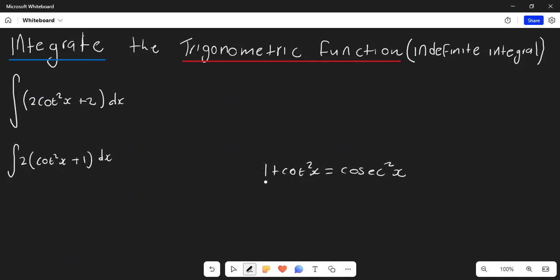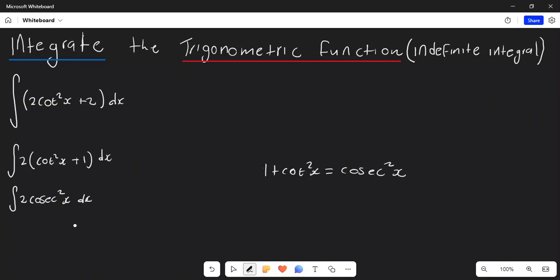So basically we can change this 1 plus cot squared x with cosec squared x. Let's substitute it there. So now we have 2, and wherever there is cot squared x plus 1, we substitute with cosec squared x. So this is going to be 2 cosec squared x dx.